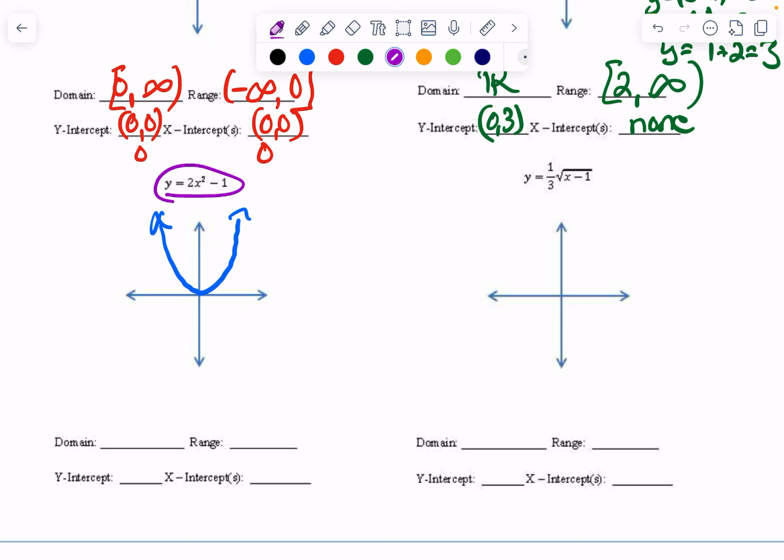So the negative 1 is down 1. So that means that we're starting at negative 1. Remember what the 2 means. That is a vertical stretch. So our graph looks somewhat like this.